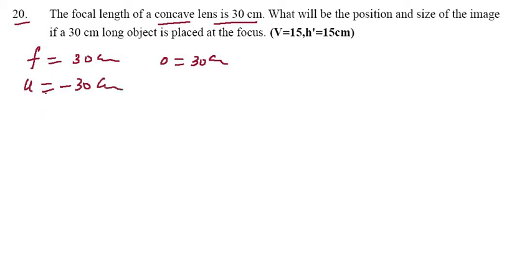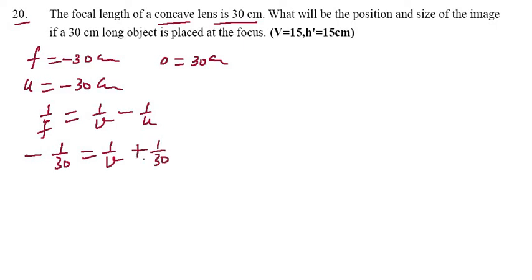So your formula is, it is concave, not convex, so the focal length is negative. So 1 upon f will be equal to 1 upon v minus 1 upon u. So 1 upon f is minus 1 upon 30, and 1 upon v minus 1 upon u, that is plus 1 upon 30.